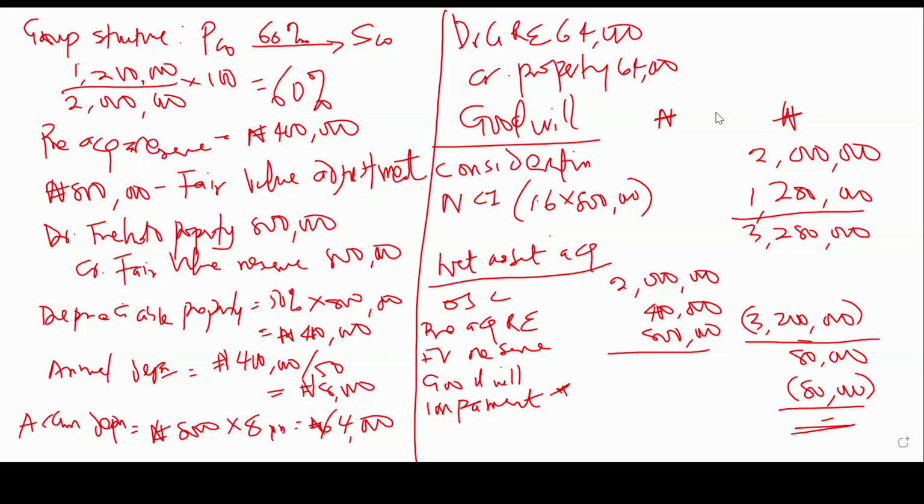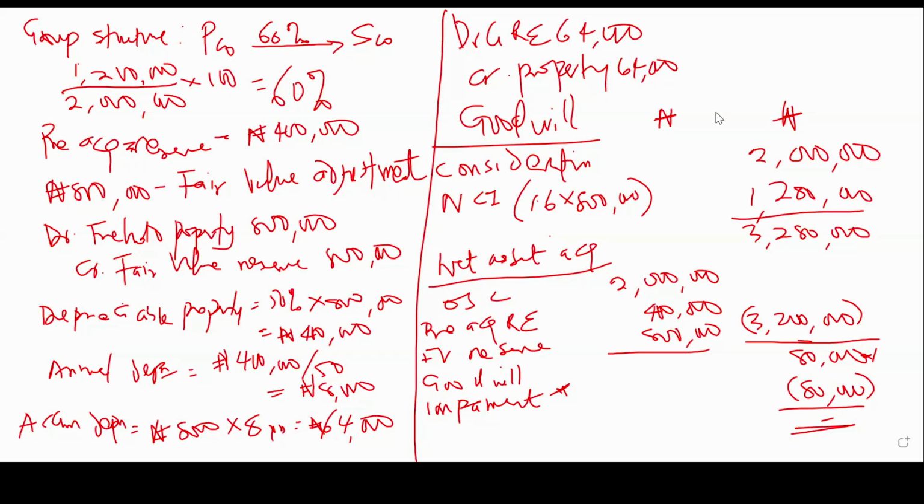Why am I going to split it between NCI and the parent? The reason I'm going to do that is simply because NCI was measured at full fair value, meaning that not only the parent owns the goodwill. The goodwill is to be shared between the parent and the subsidiary.